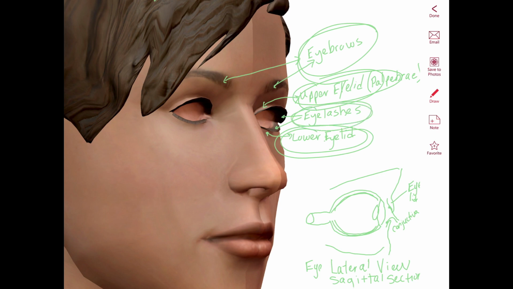And these are small hairs attached to the distal end of each eyelid, which will help filter particles and sunlight. And lastly, there's the conjunctiva, which is a thin layer of mucous membrane that covers the external exposed surface. In this picture, you can see the eye lateral view or a sagittal section that I drew so that you can imagine where the conjunctiva is on the inside of the eyelids.